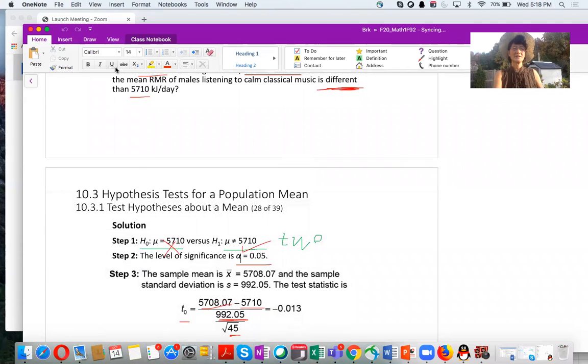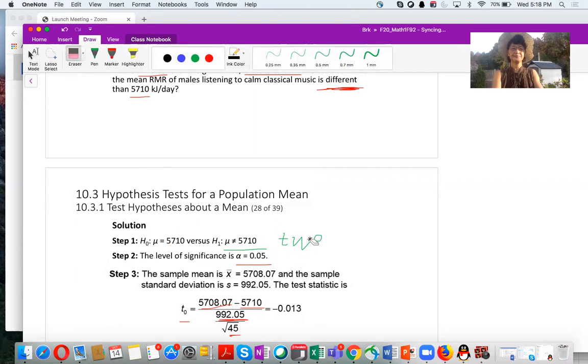Step 1, state the null hypothesis and alternative hypothesis. Step 2, specify alpha. Step 3, calculate test statistic based on sample mean x bar minus population mean over sample standard deviation over square root of sample size.